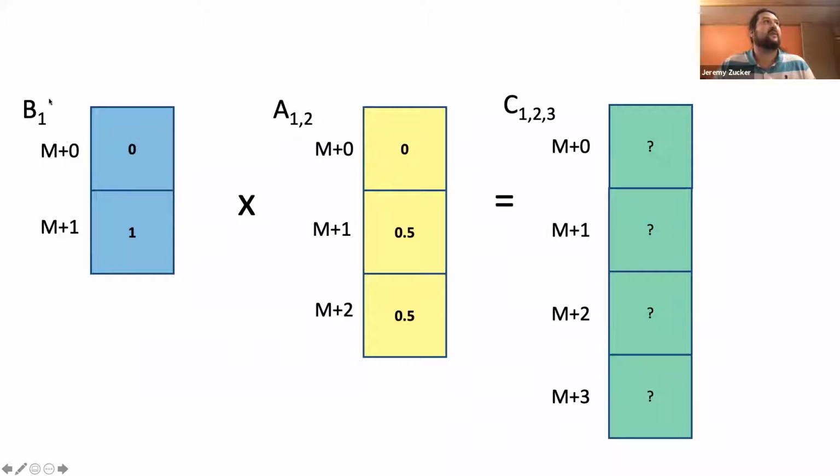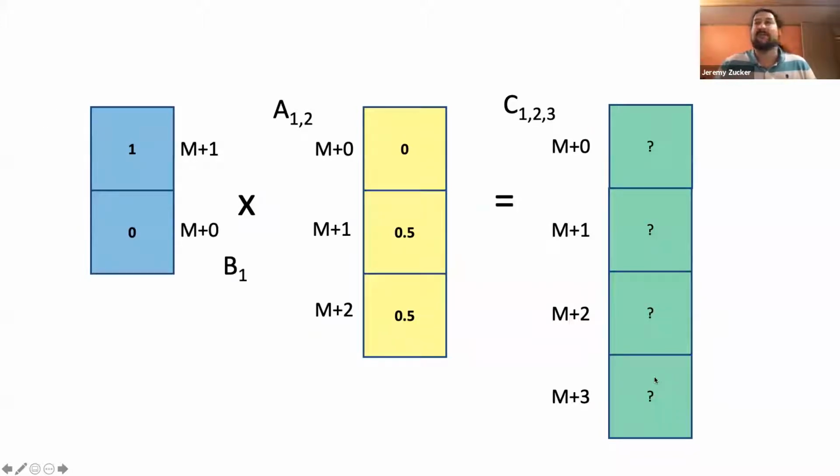Notice that B1 could be unlabeled or fully labeled, and in this case, it's 100% fully labeled. And here's A12, and in this case, A12 is 0% unlabeled, 50% 1 labeled, and 50% 2 labeled. We want to combine these 2 MIDs to produce the MID of C1, 2, 3. And the question is, how does this work?